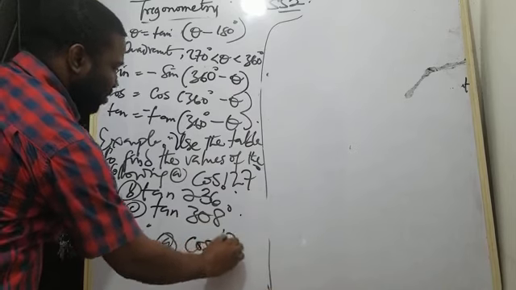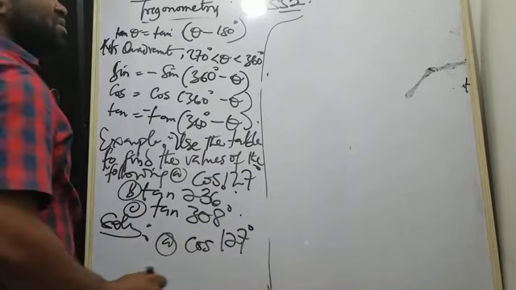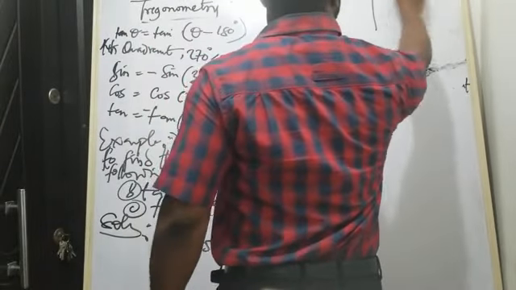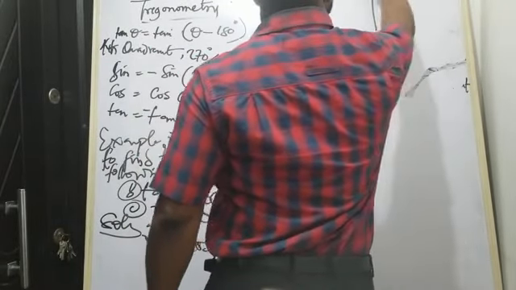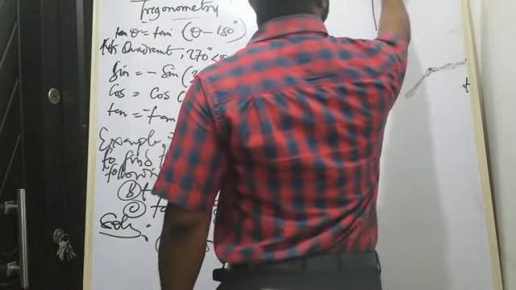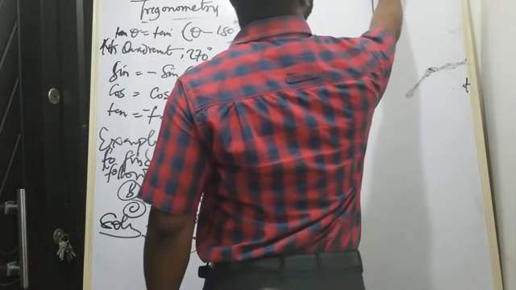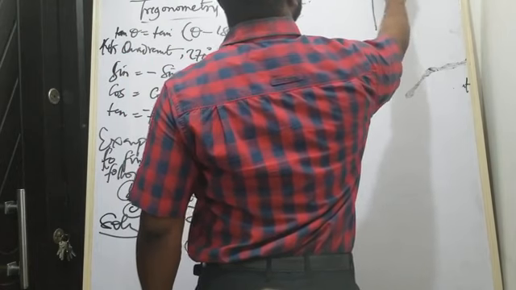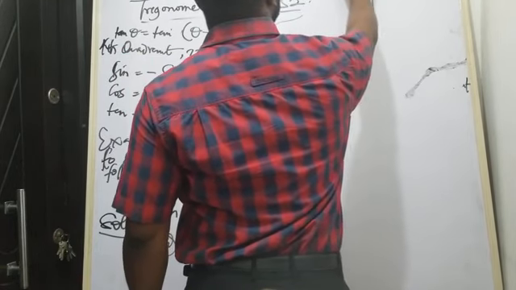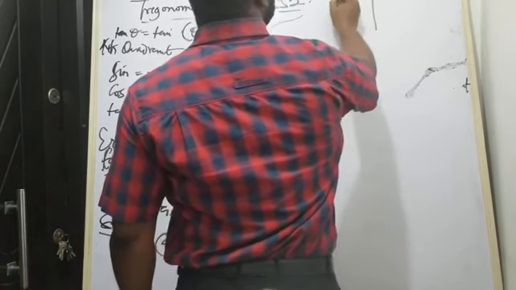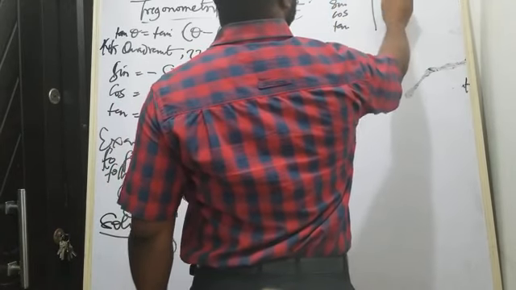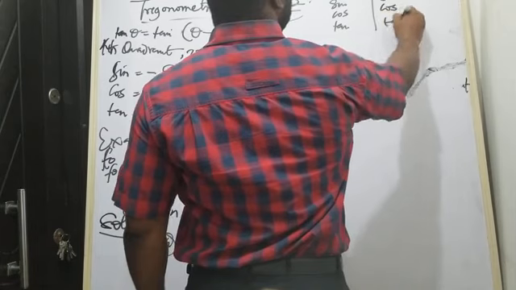Cos 127 degrees. Don't forget, we have sine, cos, tan in each quadrant.